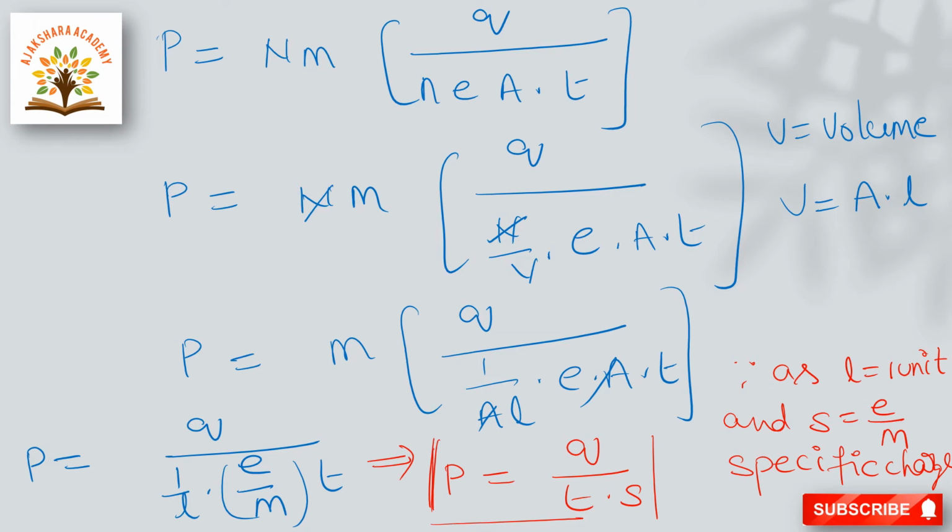Okay, momentum P is equal to Q by T into S, where S is equal to E by m, that is specific charge. S denotes the specific charge.